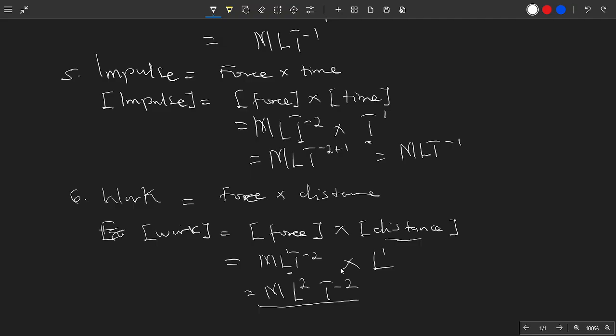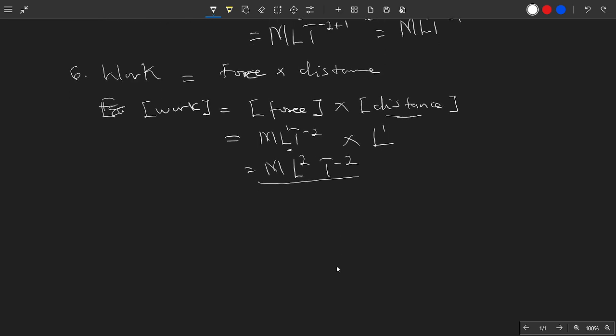All right, let's try that of the dimension of what? Energy. Dimension of energy. Now, we can talk about the kinetic energy or the potential energy.